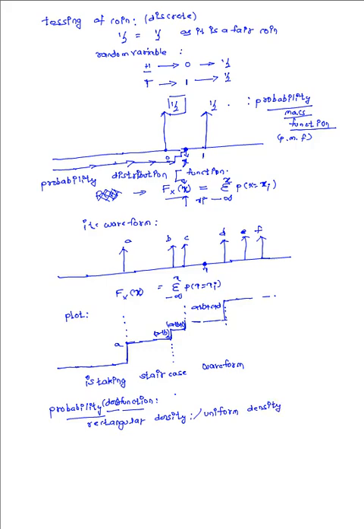In this uniform density, there will be the real scale, and two points A and B are taken, and the probability between A and B takes the form of a rectangle like this. Let me give the symbol fx, because x is the random variable here.